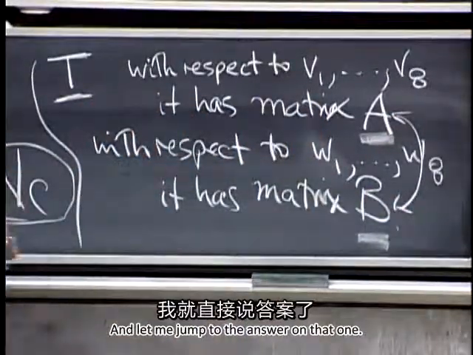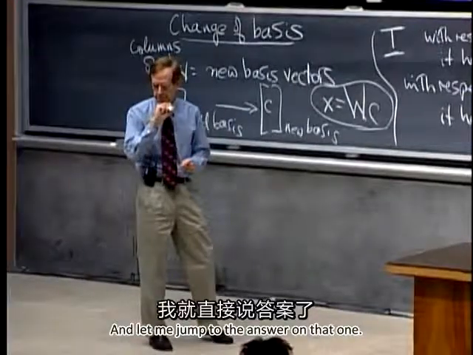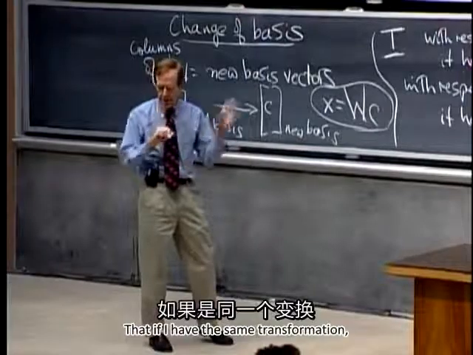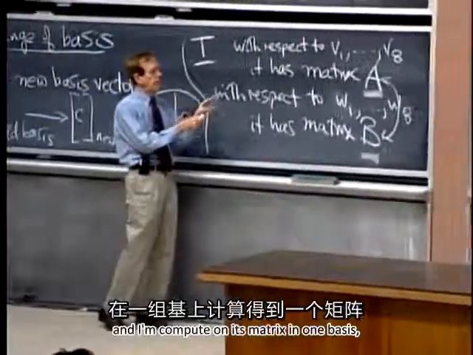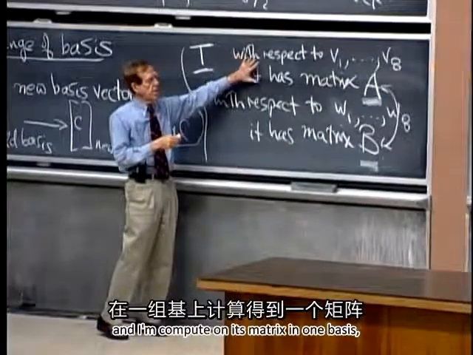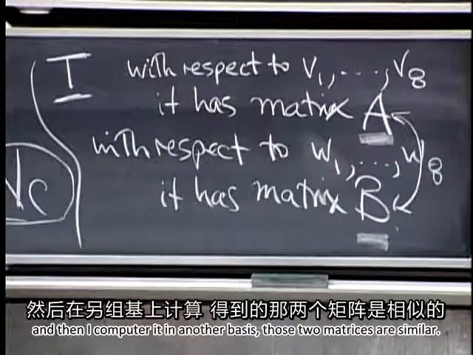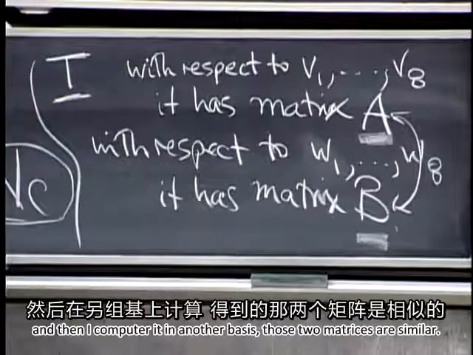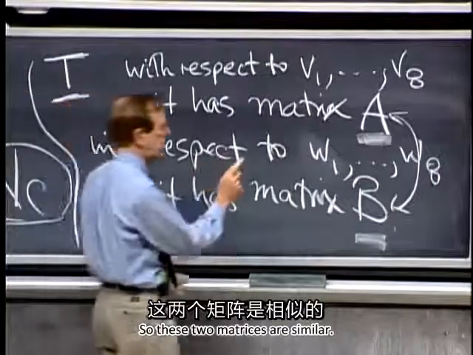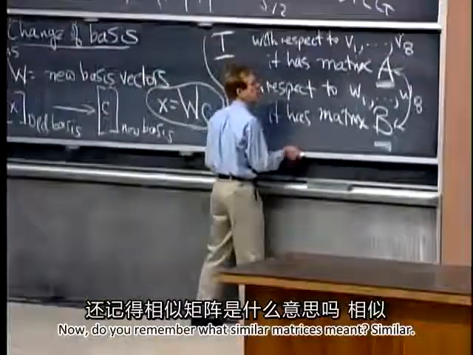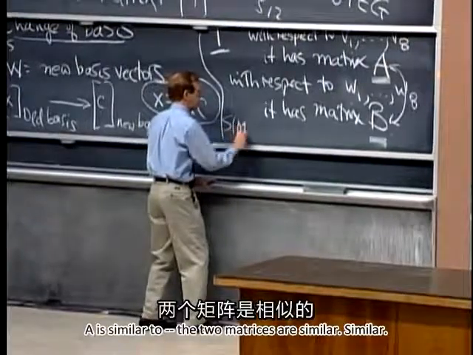And let me jump to the answer on that one. If I have the same transformation, and I compute its matrix in one basis, and then I compute it in another basis, those two matrices are similar. Now, do you remember what similar matrices meant?